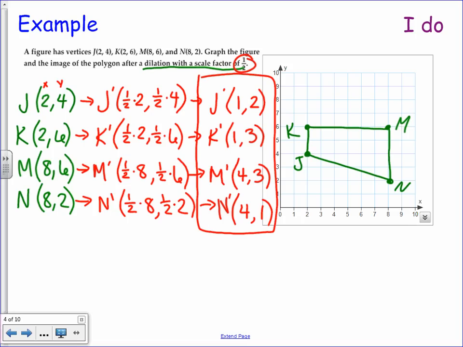My new dilation: J prime is going to be at 1, 2. K prime is going to be at 1, 3. M prime is going to be at 4, 3. And N prime is at 4, 1.